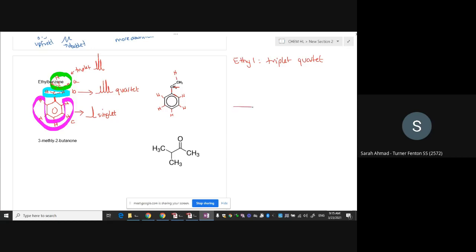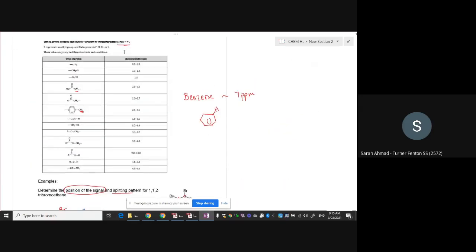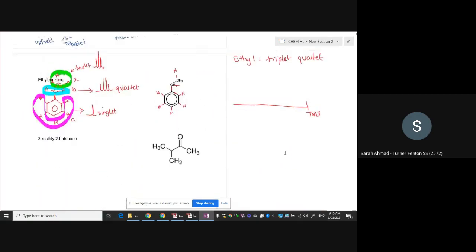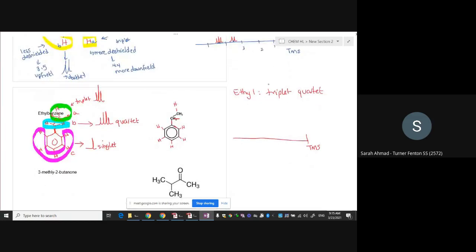So in terms of plotting this, TMS, right? Let's go up and make sure. So a regular end methyl proton will be 0.9 to 1.0, and then mid chain is 1.3 to 1.4. So let's do 1, 2, 3, 4, 5, 6, 7, right?